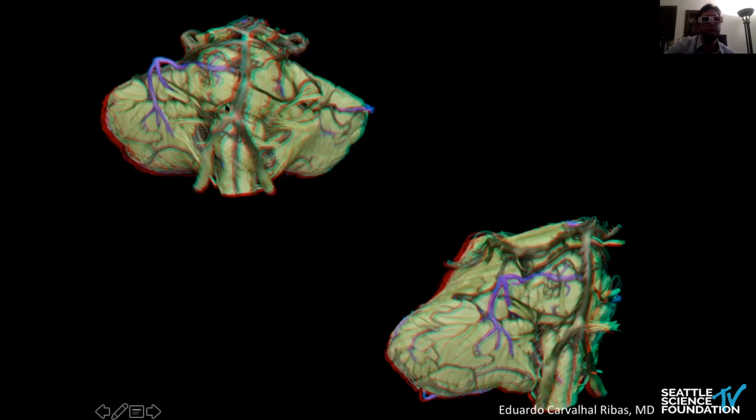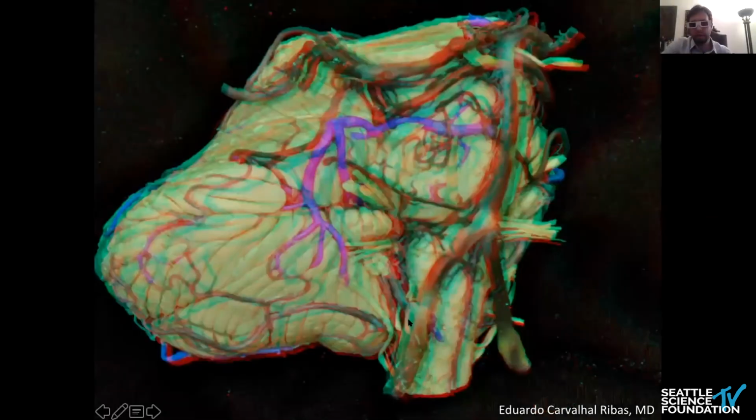We have AICA, anterior inferior cerebellar artery, originating from the basilar artery, and then we have the SCA, superior cerebellar artery, originating almost at the superior-most part of the basilar artery. So we can see these three origins here.